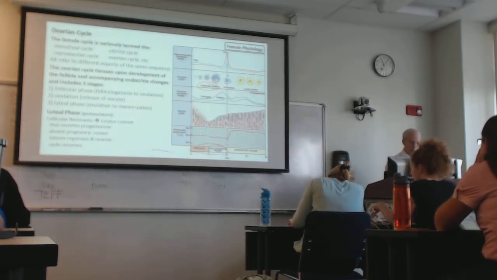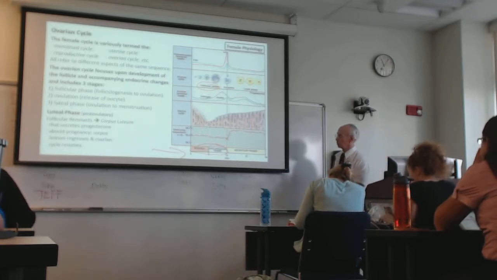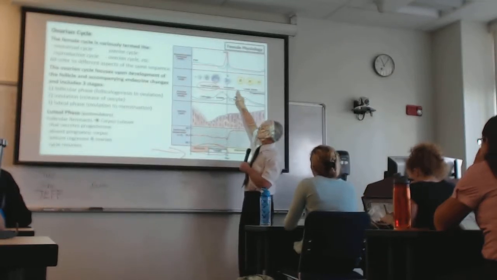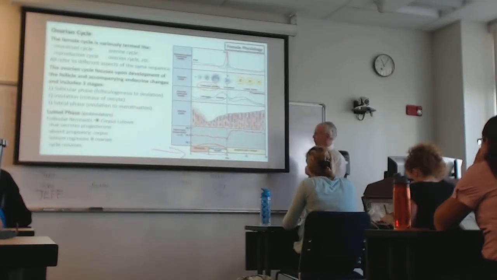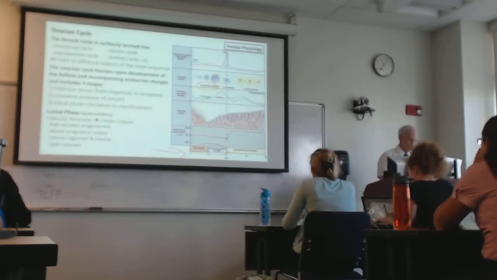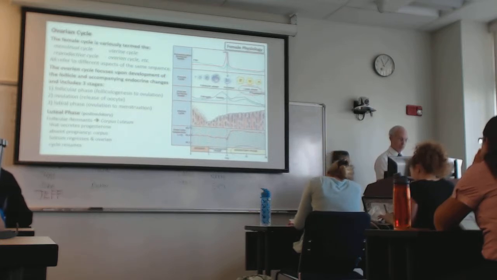So these terms down here describe the phases of the menstrual or uterine cycle. These terms refer to the folliculogenesis or ovarian cycle. So as you look at the two rows there, the luteal phase would correspond to the secretory phase of the uterine cycle. Day 14 is going to be our putative day of ovulation.